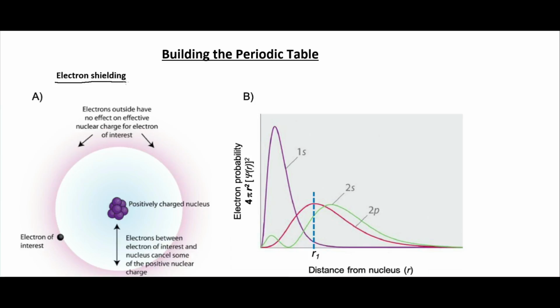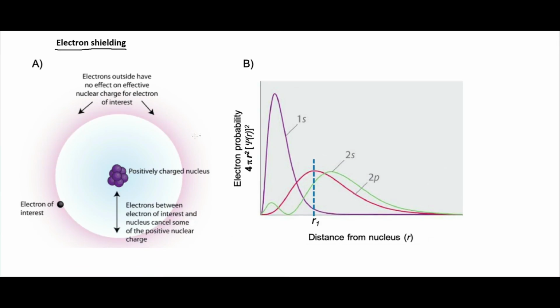The basic idea is that electrons closer to the nucleus are going to shield some of that positive charge from electrons further out from the nucleus. And so the electrons further out are going to have what's called the effective charge that they feel from the nucleus, which is determined by what we'll look at in a little bit, called Slater's rules.